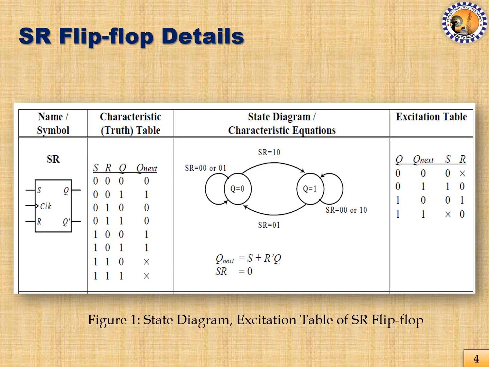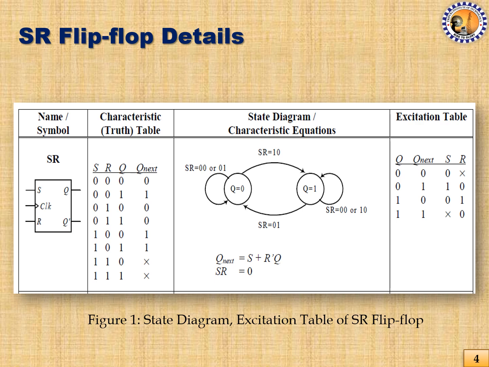When the inputs are at 0, 0 condition, which we know is the no change condition, the present state is 0, so obviously the next state will also be 0. Similarly, when the inputs are 0, 0 and Q is 1, in the next state Q will also remain 1 because the state will not change.